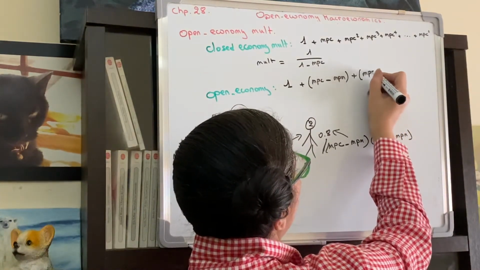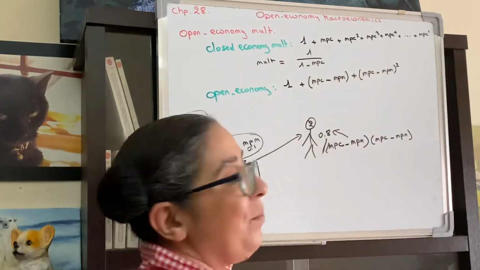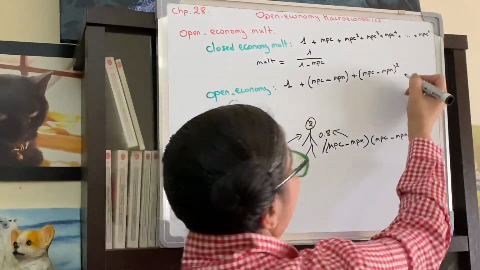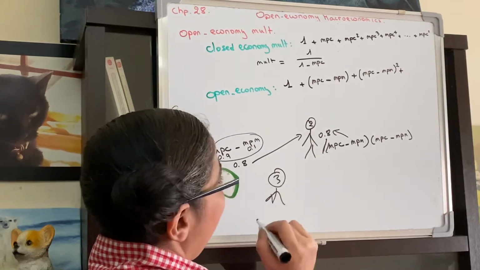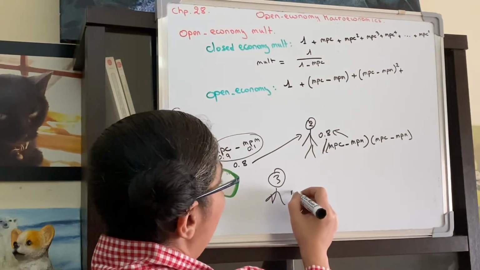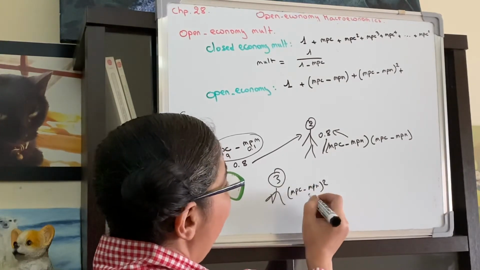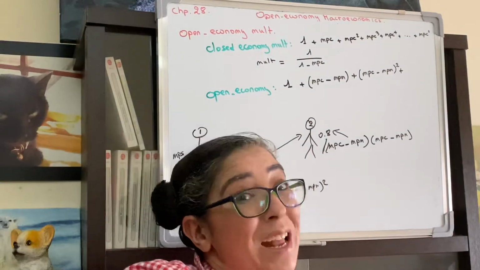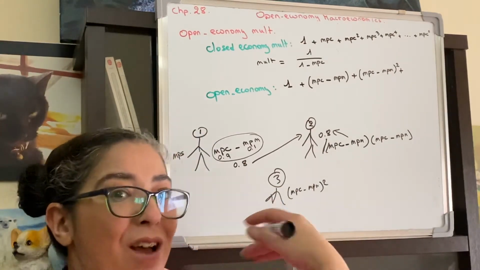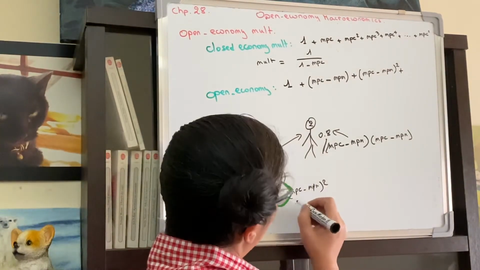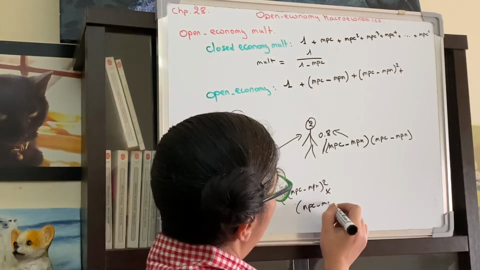plus MPC minus MPM square. Okay? Plus, so it's going to go to Mr. 3. Same thing. He's going to receive MPC minus MPM square. And how much of it is going to be spent locally? It's MPC minus MPM of it, of whatever he received. So times MPC minus MPM.